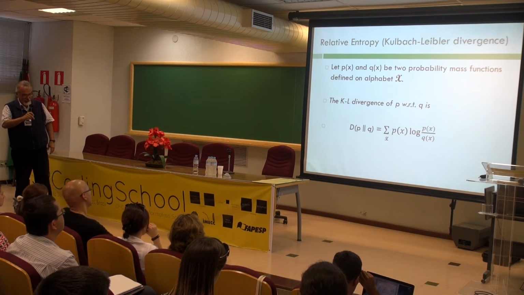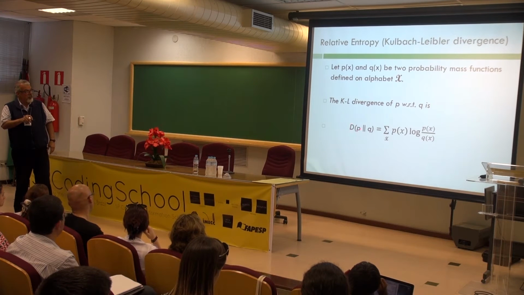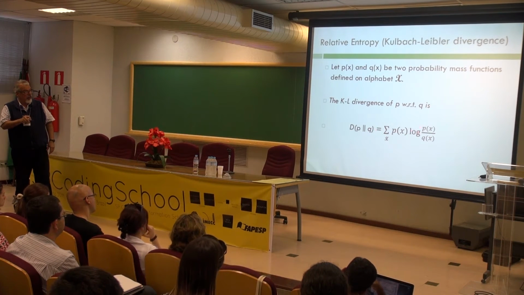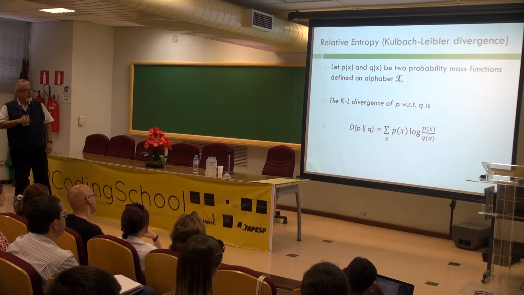Well, the definition is exactly this. It's the divergence between P and Q. Notice that there's a certain order here: it is the expected value with respect to P of log of P over Q, which is the likelihood ratio. Okay?